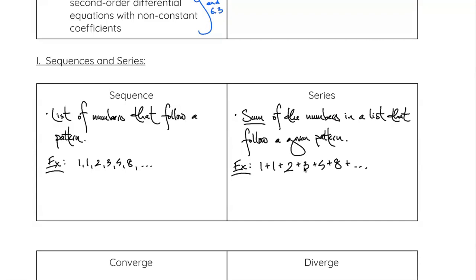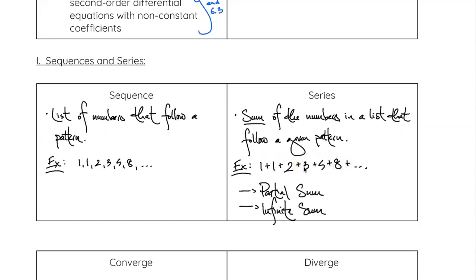With our series, we can have two kinds of sums. We can have a partial sum, or sometimes we can have an infinite sum. A partial sum is just saying, I want to take some of the numbers, like the first three, and add them together. So a partial sum of this particular series might be 4, or 8, or 16.